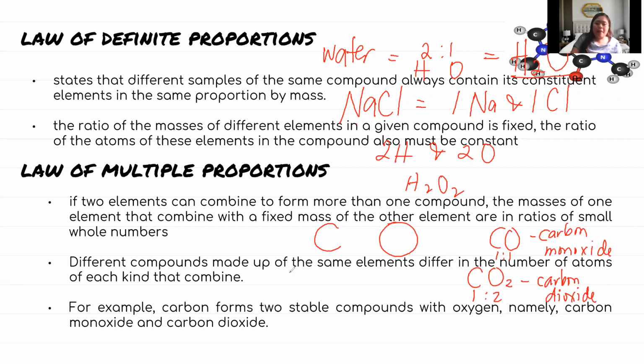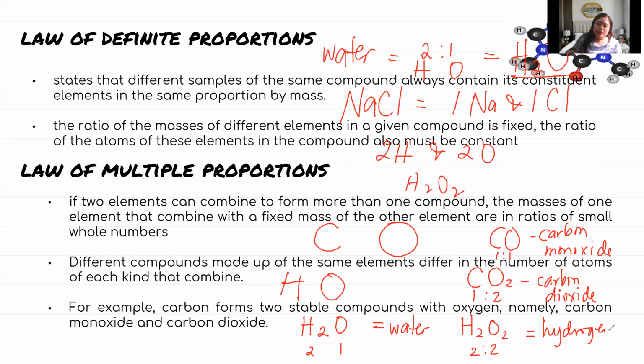Actually, applicable gihapon tong kagaina, H and O. We can combine H and O in this proportion. So, duha ka hydrogen, isa ka oxygen, but this time it is water. Pag nahimo na siya og H2O2, this is 2:2, we call this now hydrogen peroxide.